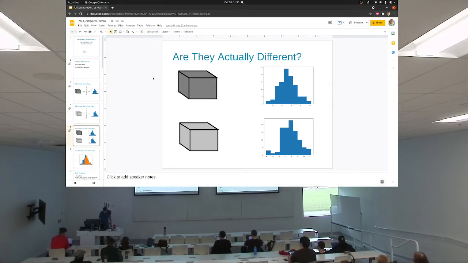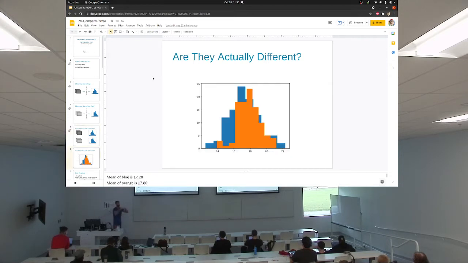If I compare these distributions, I'm going to lay these on top of each other. Right? So now these are like the two distributions plopped on top of each other. Pretty sure that picture's supposed to be opaque, but whatever. The distributions, they're there.